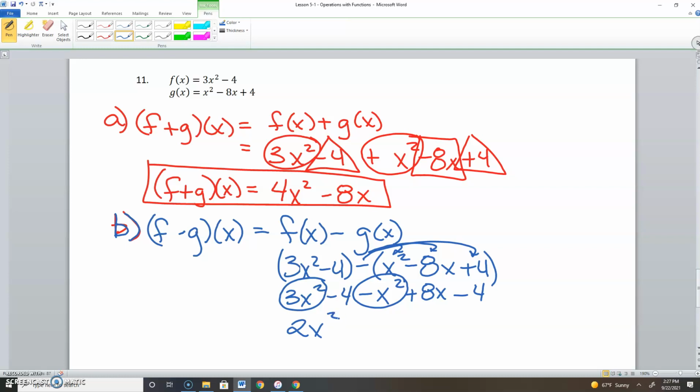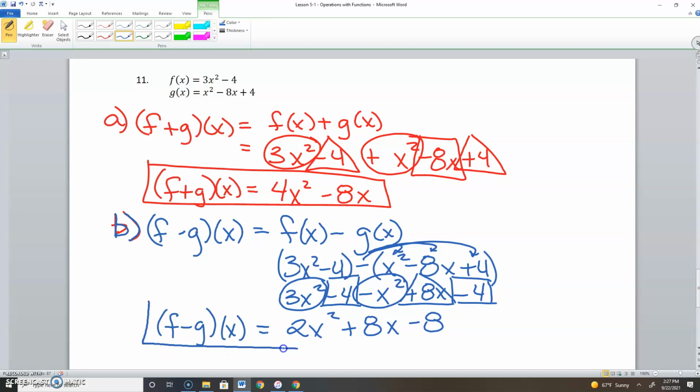Then I'll have a positive 8x this time. And then I've got a negative 4 with another negative 4, so negative 8. So f minus g of x equals 2x squared plus 8x minus 8.